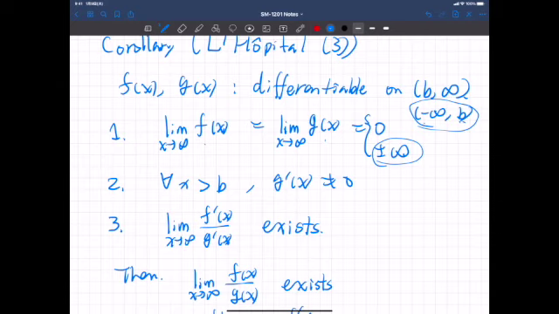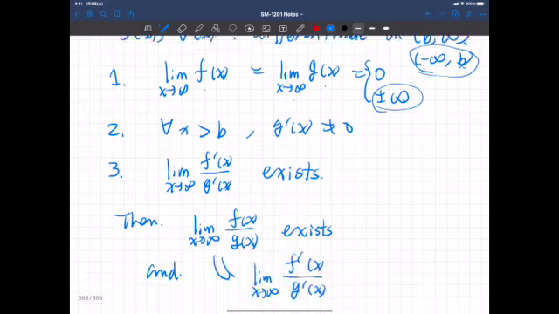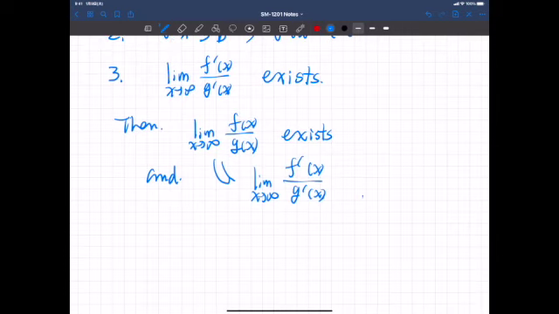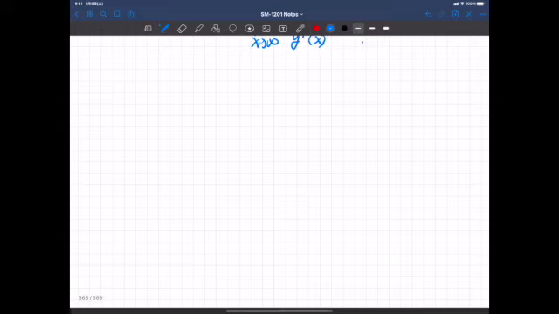In this case, we can take the limit x going to negative infinity, and the same result holds. Let's see an example. Consider this limit: limit x to infinity of x to the power of 1 over x.